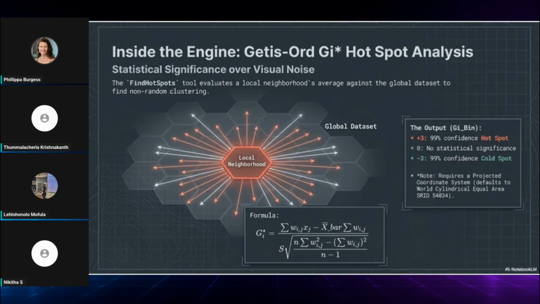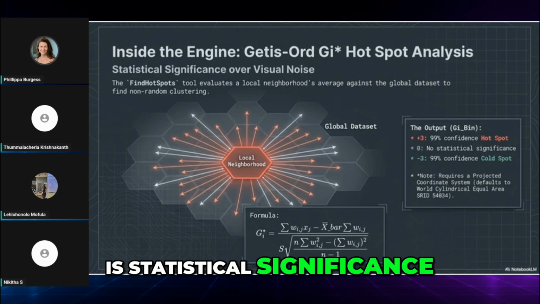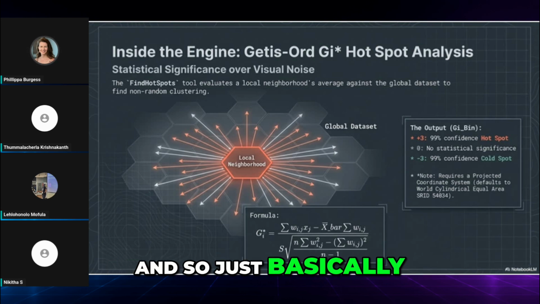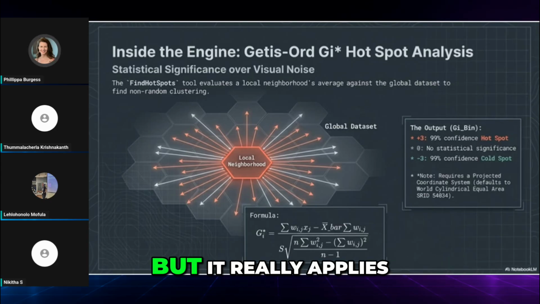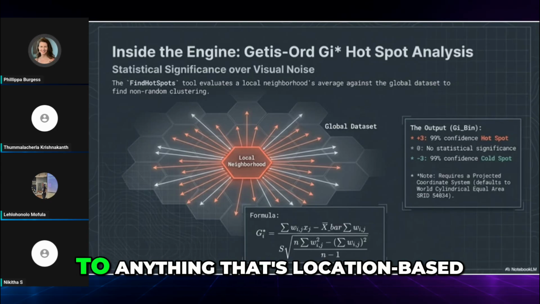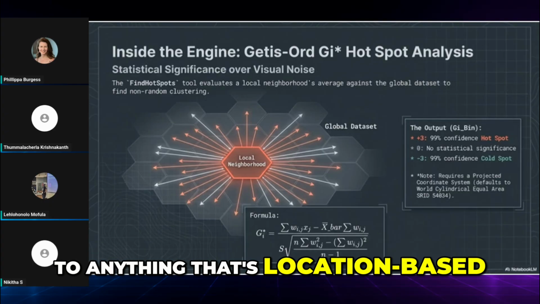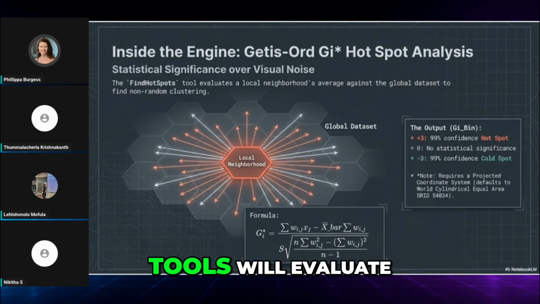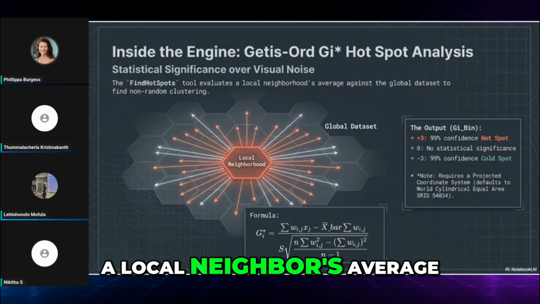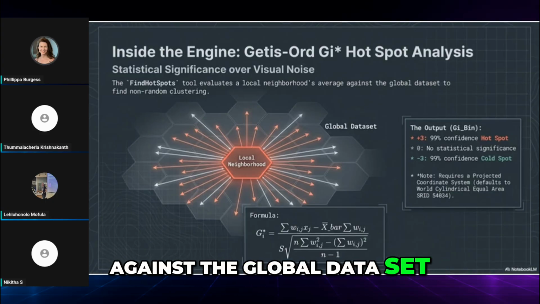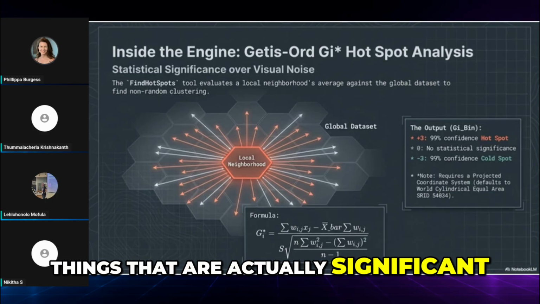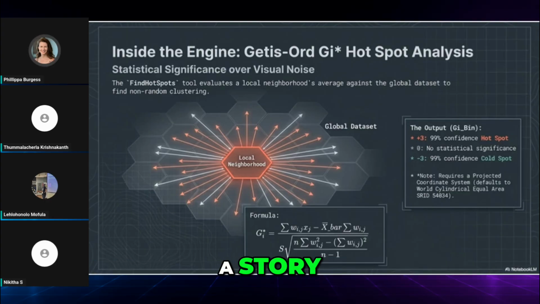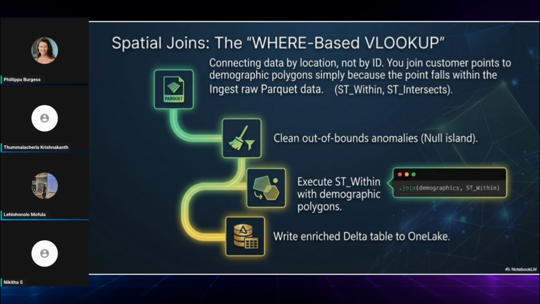Inside the engine of the hotspot analysis is statistical significance. So it's basically embracing statistics, as we do as data science professionals, but it really applies to anything that's location based. The Find Hotspots tool will evaluate a local neighbor's average against the global data set to find non-random clusterings, things that are actually significant, things that will help you tell a story that makes sense.